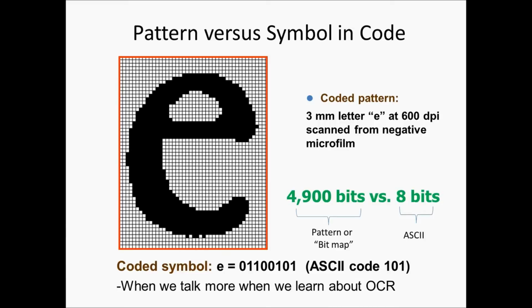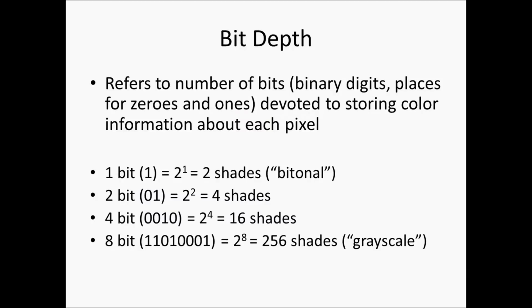So here we have bit depth. It refers to the number of bits devoted to storing the information about each pixel. 1 bit, 2 bit, 4 bit, 8 bit, and you can see as you go up, the amount of storage power and computing power required increases, but also the resolution goes up.